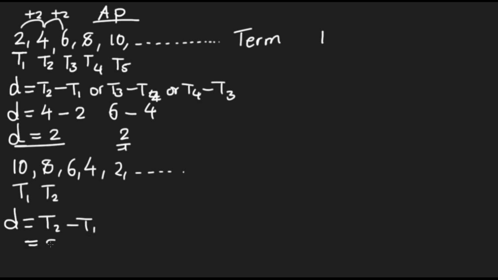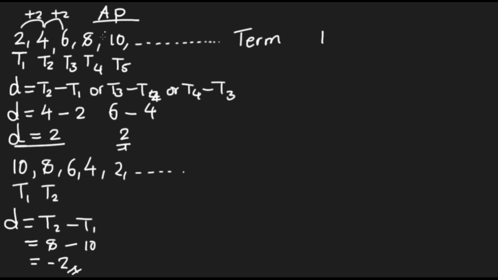The second term is 8 minus the first term, 10. If we have two different signs, we subtract and take the sign of the bigger number, which is negative 2. So the negative common difference shows that the sequence is in descending order. If the common difference is positive, then the sequence is in ascending order. So make sure you remember that.